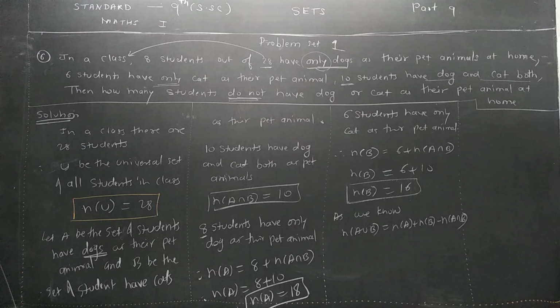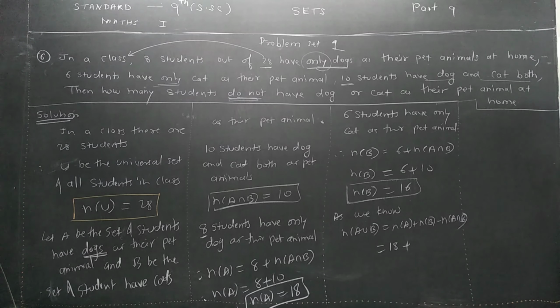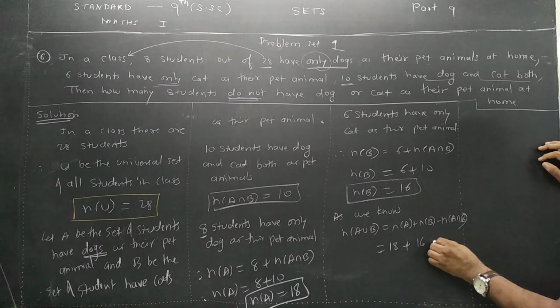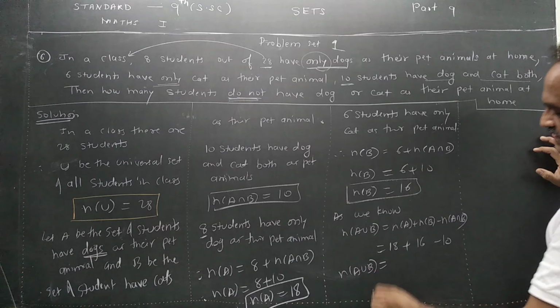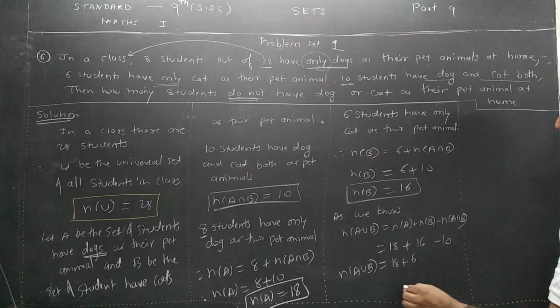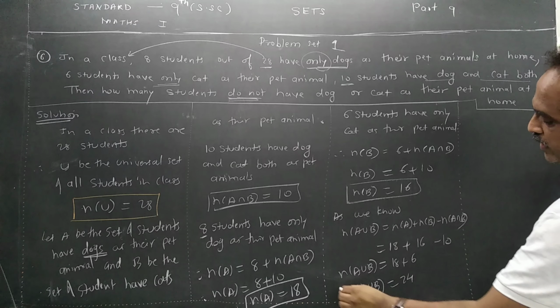So what is NA? NA is 18 plus NB is how much? 16, and this is how much? 10. So the number of elements in A union B is equal to 18 plus 6. So the number of elements in A union B is equal to 24.